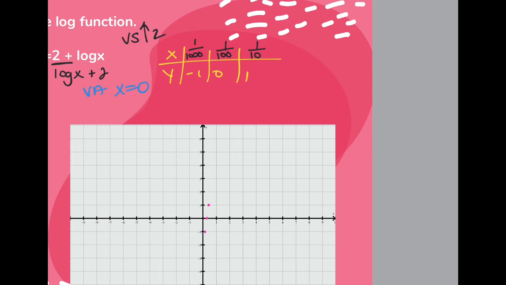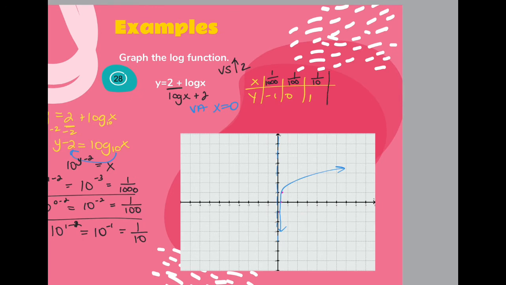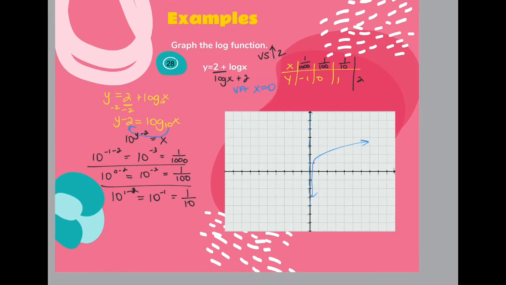But I do know that there's still a vertical asymptote here. So eventually my curve is coming up, and eventually it has to turn to the right, but it hasn't happened yet. If you want to plug in an additional point, like perhaps 2 for that y, you can get 10 to the 2 minus 2, 10 to the 0, which is 1. Then at least I have 1, 2 as a point.